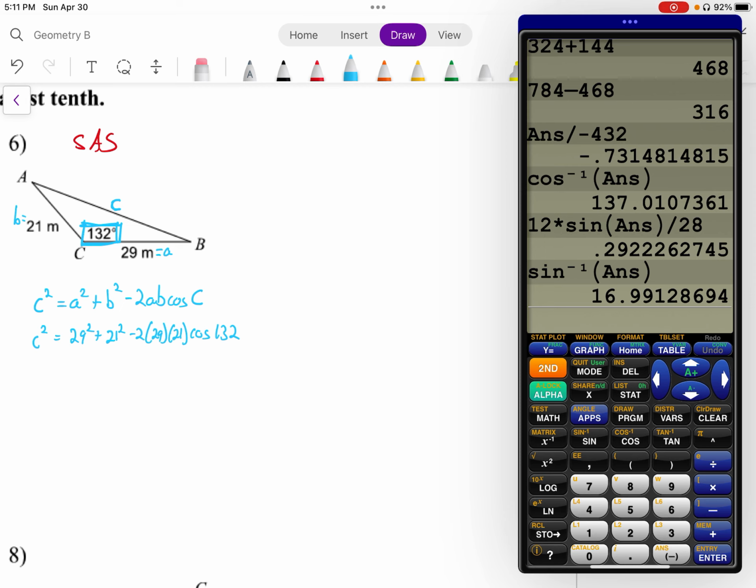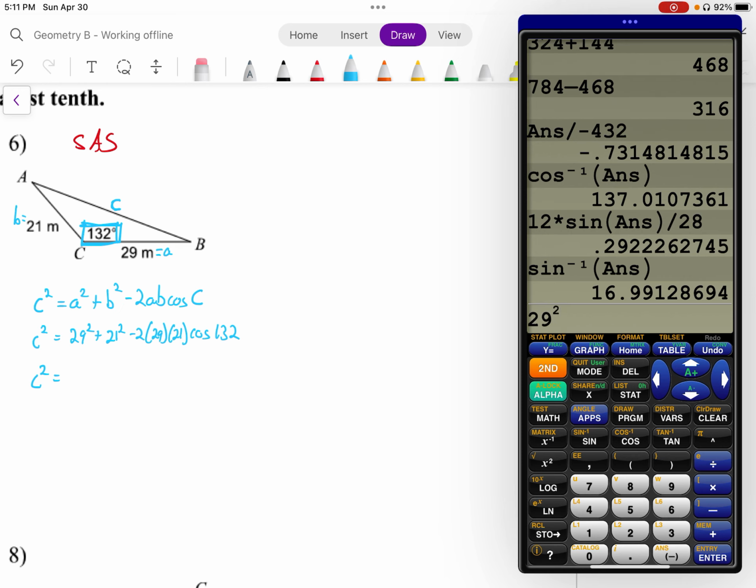Now, this is really nice because we can actually just type this right into our calculator to find C squared. And then we'll take the square root. Let's type it all in. 29 squared plus 21 squared minus 2 times 29 times 21 times the cosine of 132.